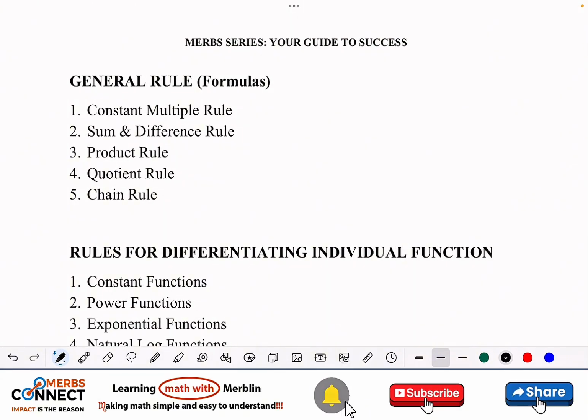Now, we are adding up to our general rule and then rules for differentiating individual functions. So here we talked about chain rule and we talked about trig functions. So we saw that indeed, chain rule is a general rule, a formula that we need to learn. And we saw two things. One, if the function is of this form, let's assume that y is equal to f of g of x, then y prime should be f prime of g of x times g prime of x.